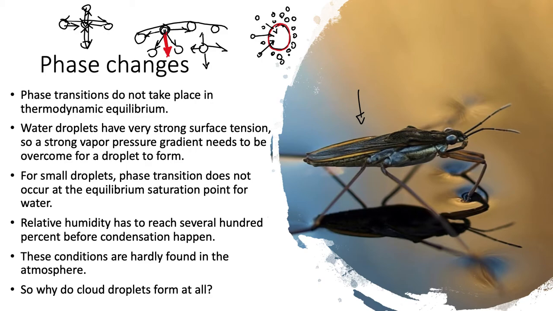So meaning that there has to be so many water vapor molecules that essentially, even though this wall here will act to sort of bounce these away, the other water vapor molecules from outside, they'll push these molecules that are close to the edge. They'll just push them inside of the droplet, okay? So you need a lot of molecules outside to push you inside to win this potential barrier, if you will.